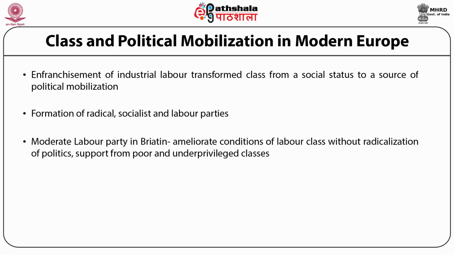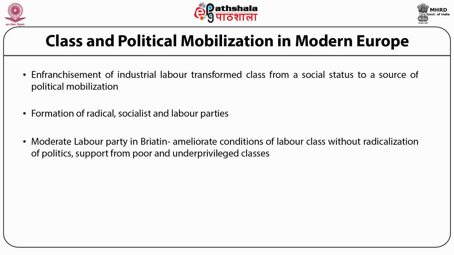They wanted to assert the demands of the labor class within the framework of liberal democracies. So in that sense, the Labour Party of Britain was not a supporter of radicalization as the communist parties were, but they wanted to bring about changes incrementally, and like other parties, intended to preserve the liberal democratic system.